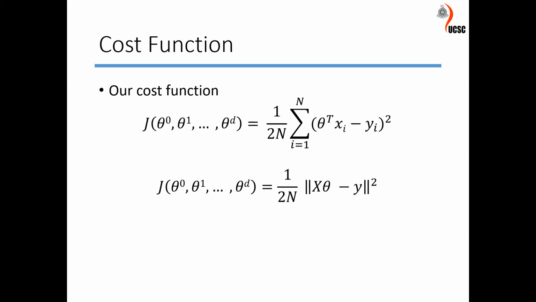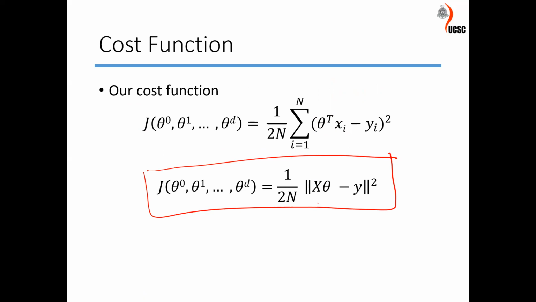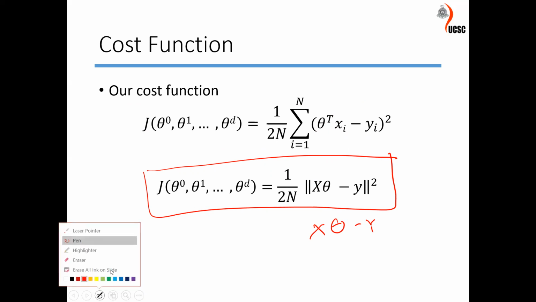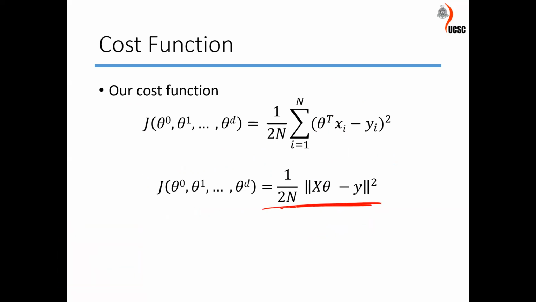Then if we can come to a place like this, X theta minus y, mathematically, when you are differentiating the cost function, that will be much simpler. So this is the place we are going to approach.